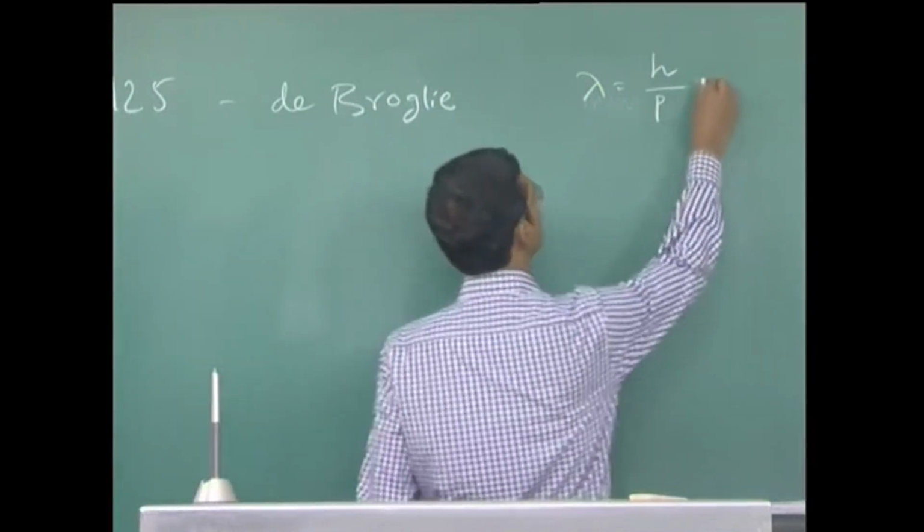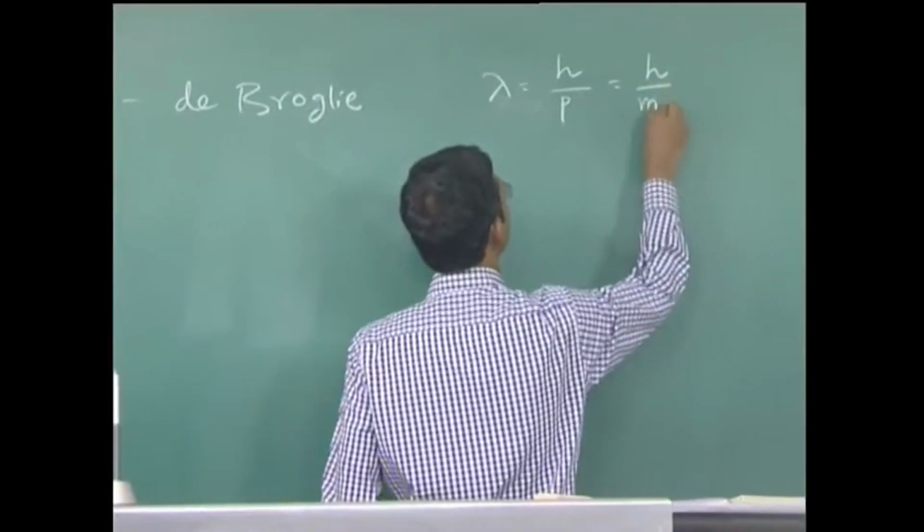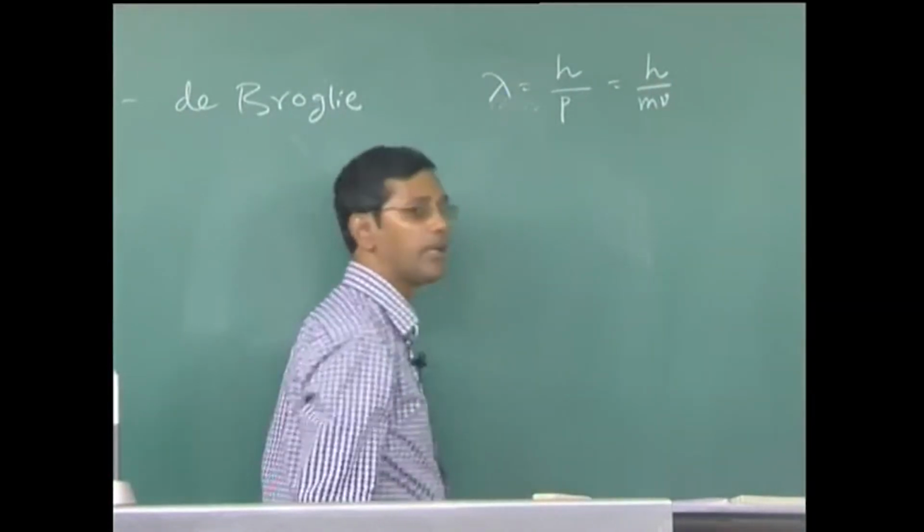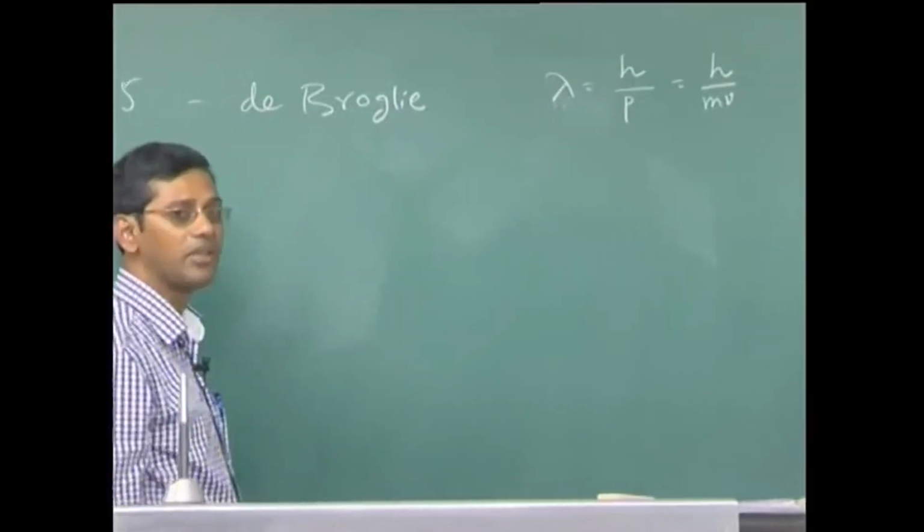Therefore, we can write lambda equal to h by m into v, where m is the mass of the electron and v is the velocity of the electron.